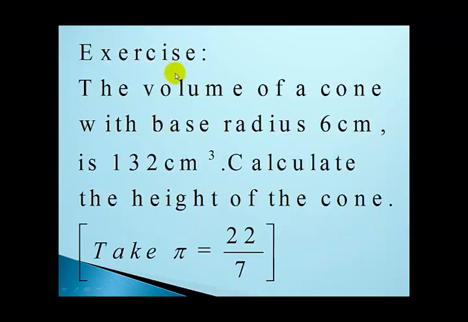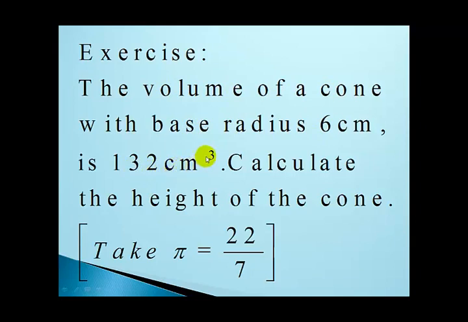Now, take this exercise. The volume of a cone with base radius 6 centimeters is 132 centimeters cube. Calculate the height of the cone. Take pi equals 22/7. From this question, we are given the base radius to be 6 centimeters and we are told that the volume of the cone is 132 centimeters cube.